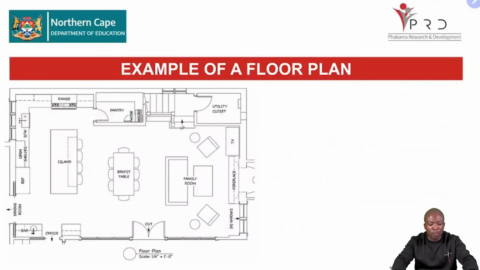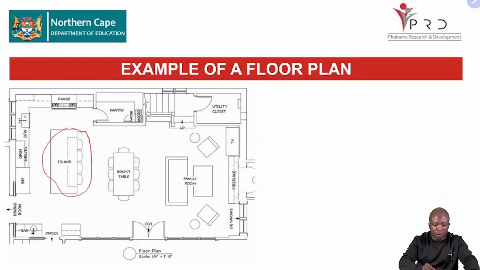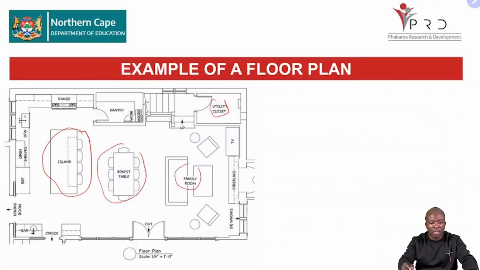This is an example of a floor plan. What do we see here? We have seen the island, we've seen breakfast table, we have the family room, we have utility closet. What other things can you see from this diagram? Good. When you see this quarter sign, that is the sign for a door, correct?